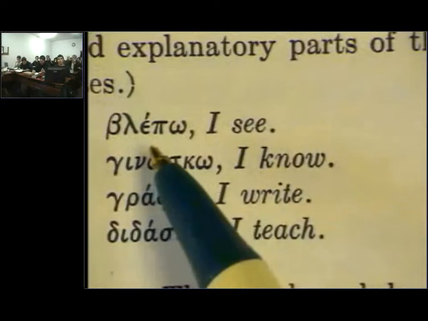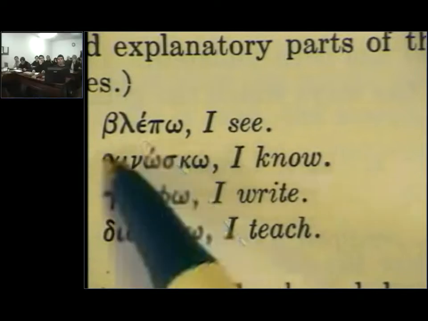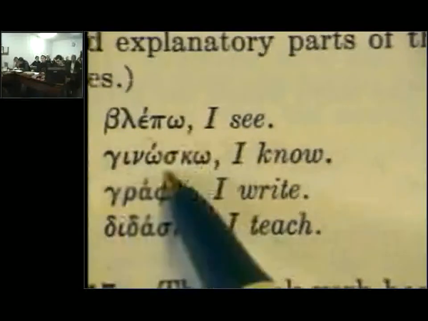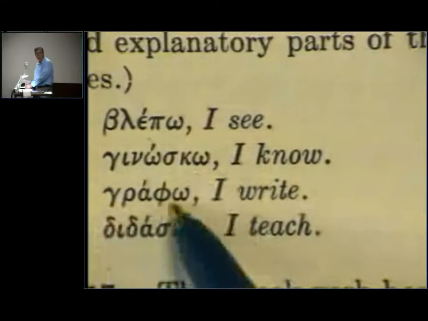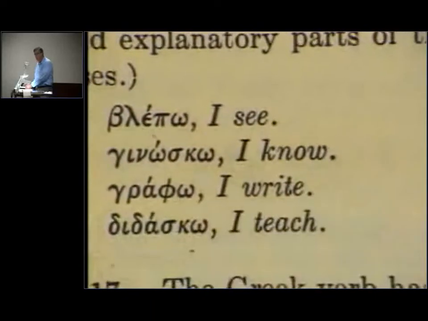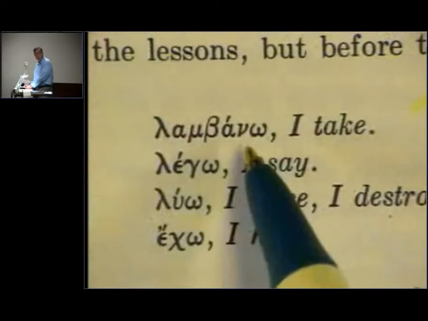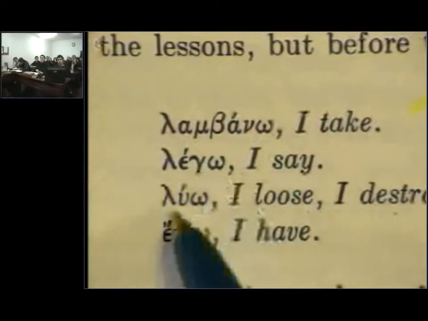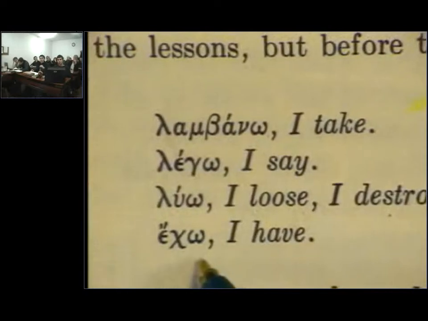And let's pronounce them right now together as we finish up here. Blepo, ginosko, grafo, didasko, lambano, lego, luo, echo.